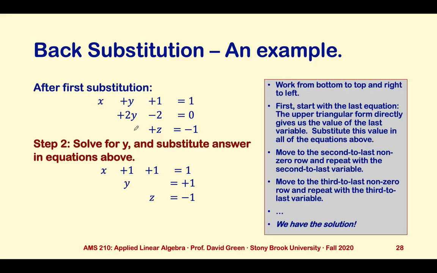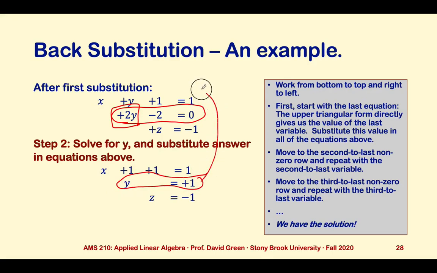Again, we shift our attention up to the second equation. This equation after substitution has a single variable left, the variable to the left of z, y. Okay? Now we again solve for y. 2y minus 2 equals 0 tells us that y must be +1.